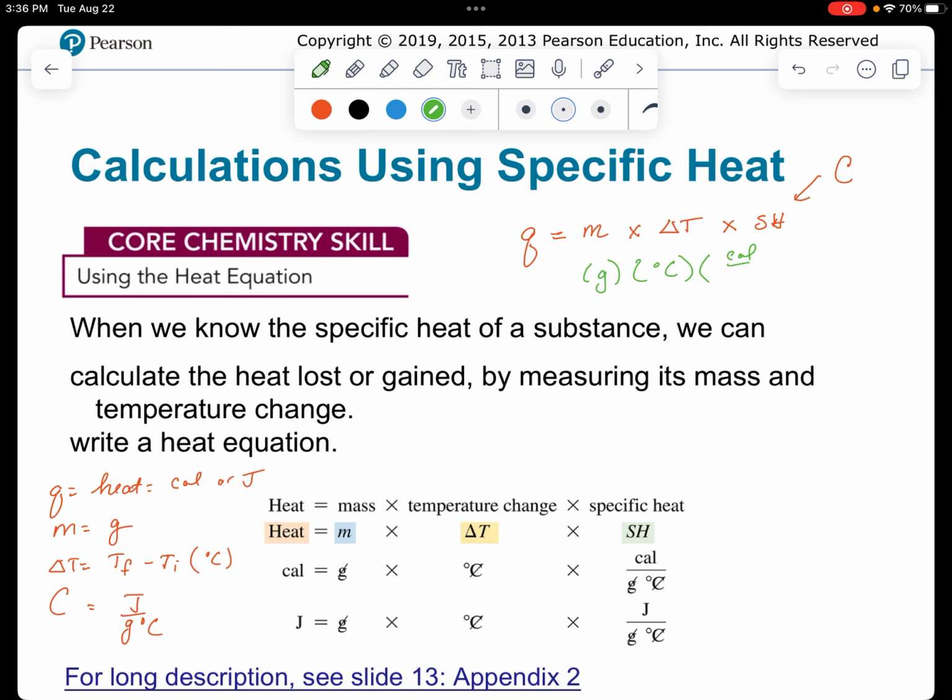Let's do calories per gram degrees C. What we're solving for is going to have the same units of energy as the units of specific heat. So the grams cancel, the degrees C cancel, and what we are left with are calories, and that is the correct unit for heat.